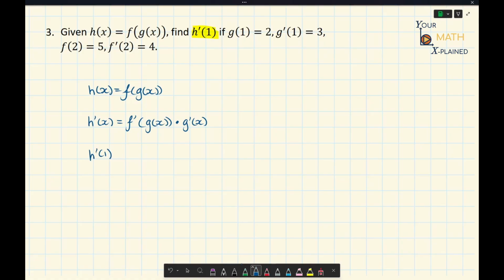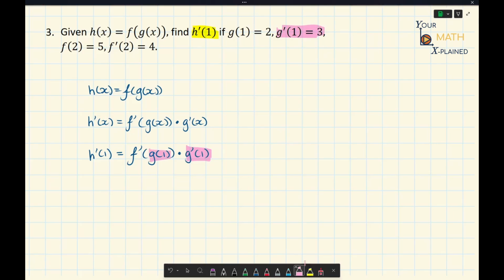H prime of 1 is going to be equal to f prime of g of 1 multiplied by g prime of 1. And now let's take a look at what values we have. So g prime of 1, we're given that it's equal to 3.